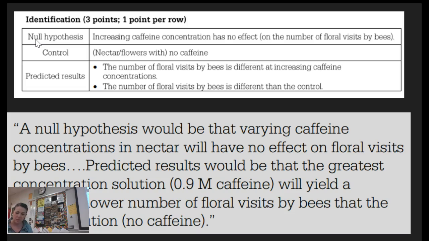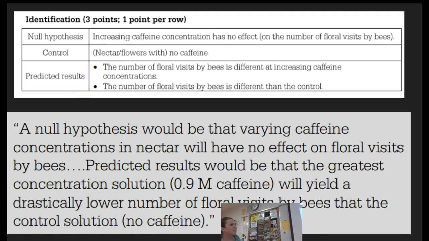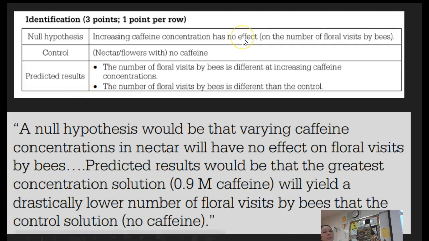You designed an experiment, but then you identified the null hypothesis. So the null hypothesis that you have to identify is that it's a no effect hypothesis. So when we're doing chi-square or designing experiments, the null hypothesis is always the no effect.